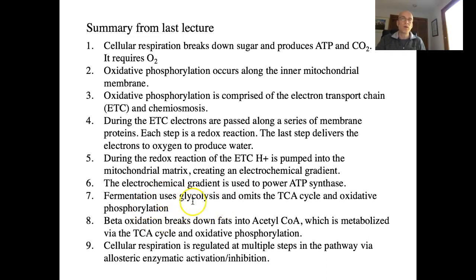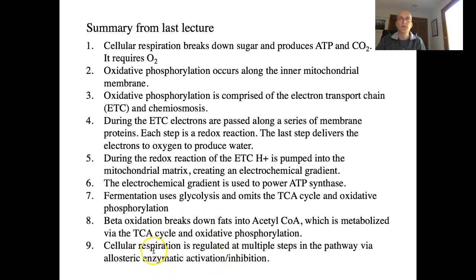And then we had also spoken about fermentation, which is a different way of using sugar without oxygen. So fermentation uses glycolysis and omits the TCA cycle and oxidative phosphorylation. And then beta oxidation, I said, breaks down fats, feeding acetyl-CoA into the TCA cycle.